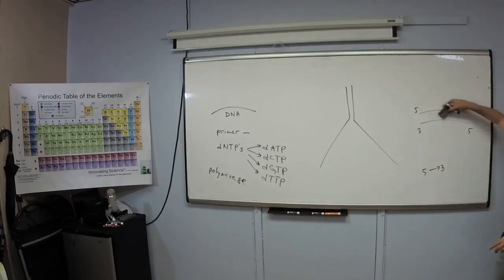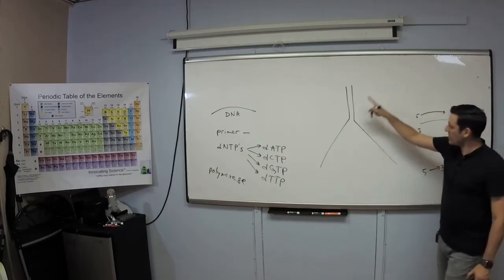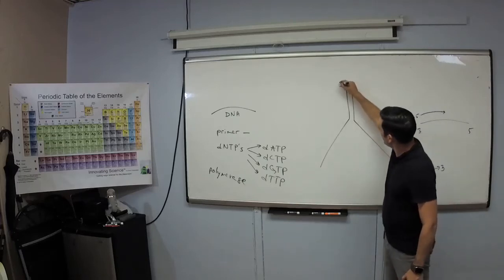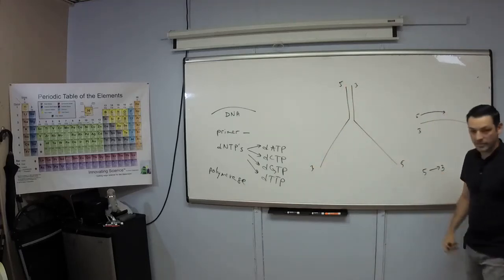So that means the polymerase enzyme would actually be reading a piece of single DNA strand backwards. It would be reading it from the 3' to the 5' and building the complementary strand from the 5' towards the 3'. Right? So if you have a piece of DNA, one is from 5' to 3', one is from 3' to 5', right?